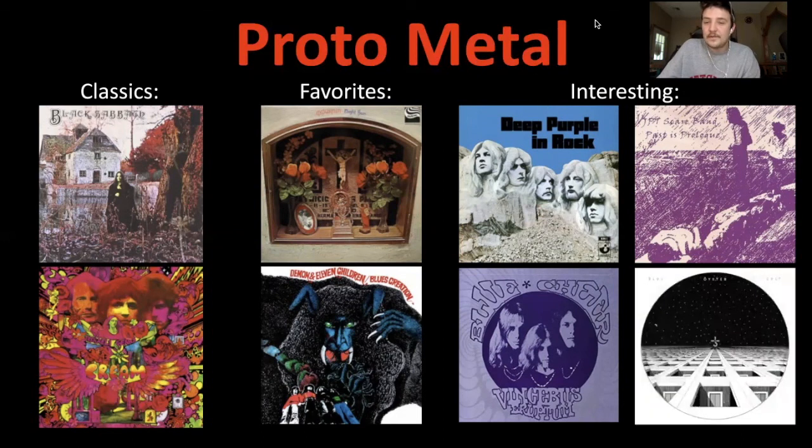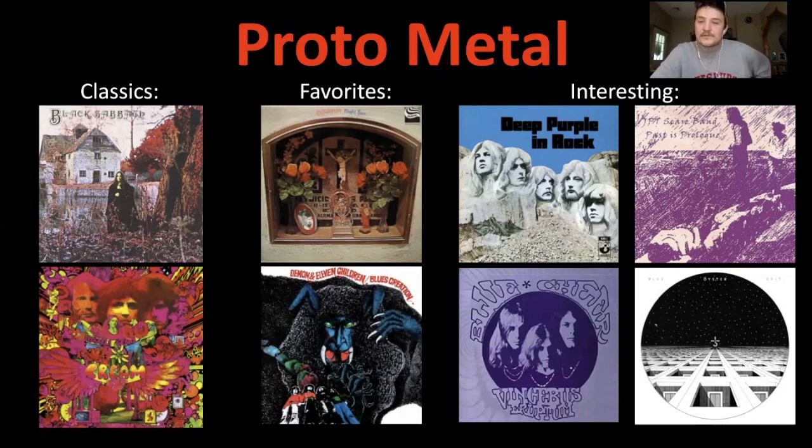Next up, this one's not a metal album, but I think it's an interesting one to discuss when you're talking about proto metal, because this album came out in 1972. Blue Oyster Cult, you might know them for things like Don't Fear the Reaper. This particular album is not a metal album, but you can tell that Blue Oyster Cult, when they released this in 72, I think it's their first album, had been checking out a lot of metal and were inspired by the sound.